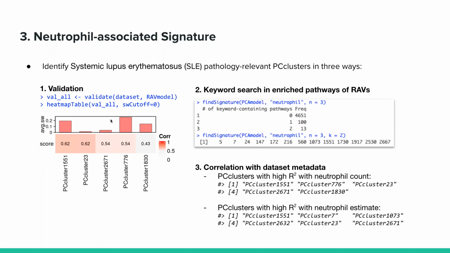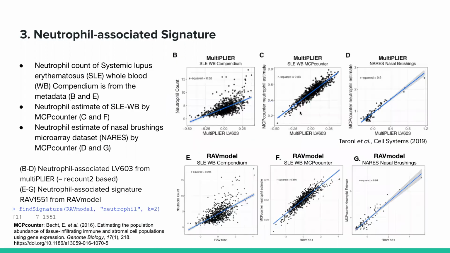And so there's a data set of this disease, which we mapped to RAVs in our model, and went through these same steps, the keyword search in the enriched pathways and correlation with the data set metadata to identify RAVs that are related to neutrophil count, as was done in this original paper. I added a little example here just to show.